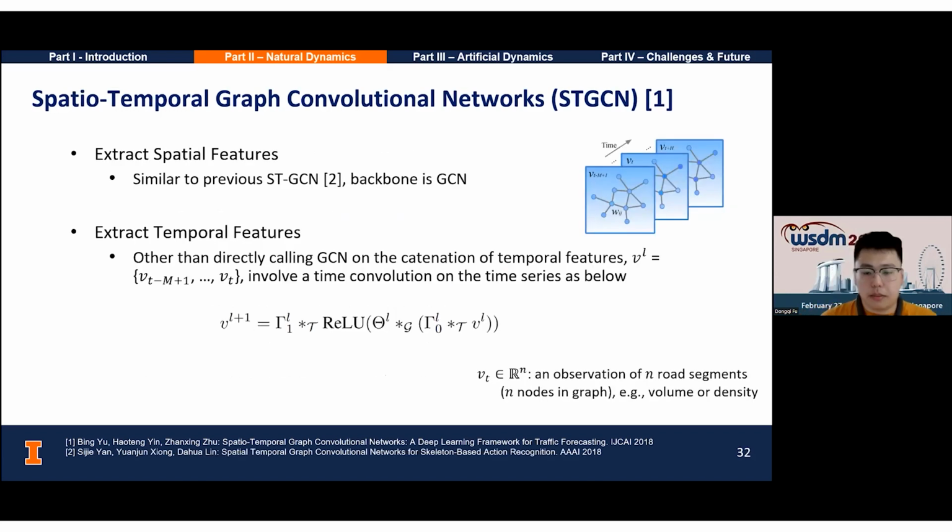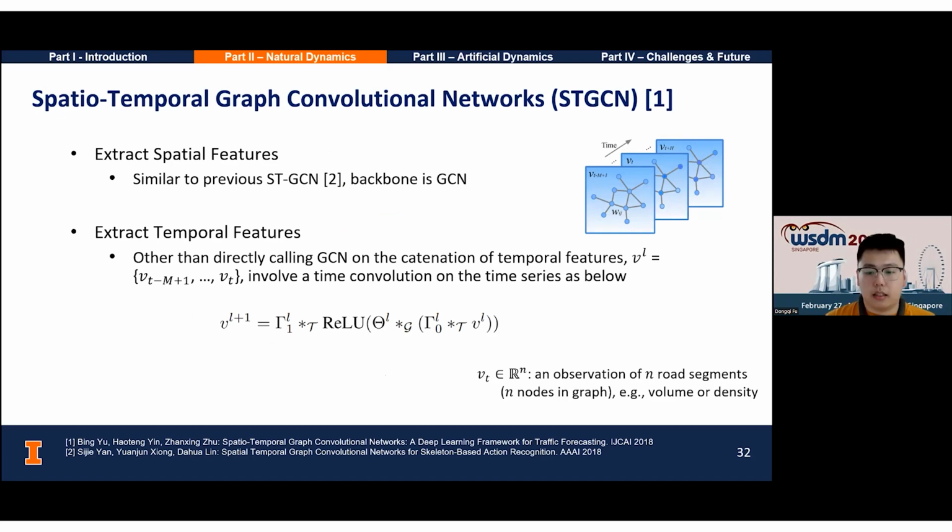So first, similar to ST-GCN, STGCN here also has the spatial feature extraction module, which can also be realized by the GCN backbone. Different from the ST-GCN, STGCN here does not search for the temporal neighbors to aggregate the temporal features.